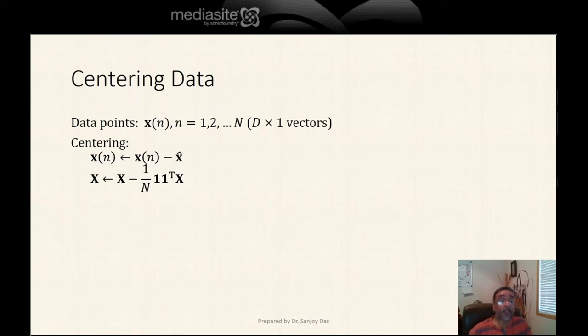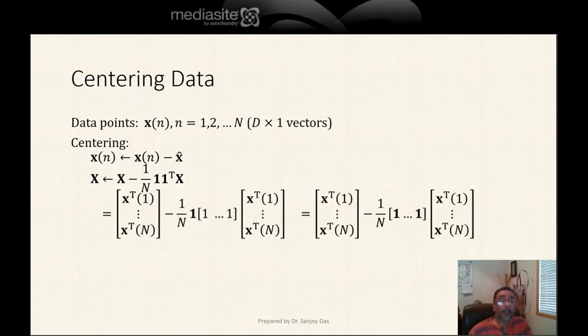And to see why this is equivalent to translating each of these points xn by an amount x hat is like this. X is the data matrix, and each row of this data matrix is a sample point transposed, and then minus 1 over n, 1 transpose. It's best understood if we retain this 1 here and we express this 1 transpose in terms of the scalar ones here.